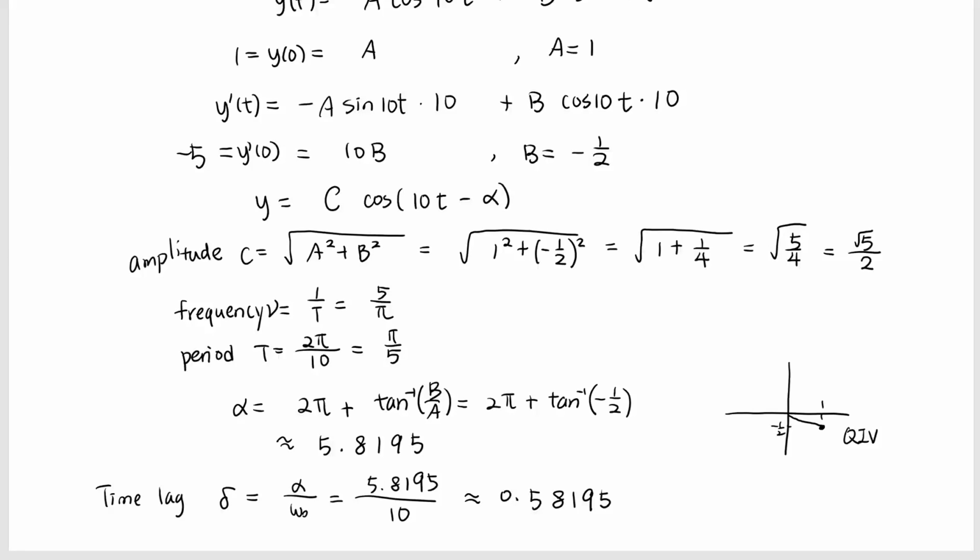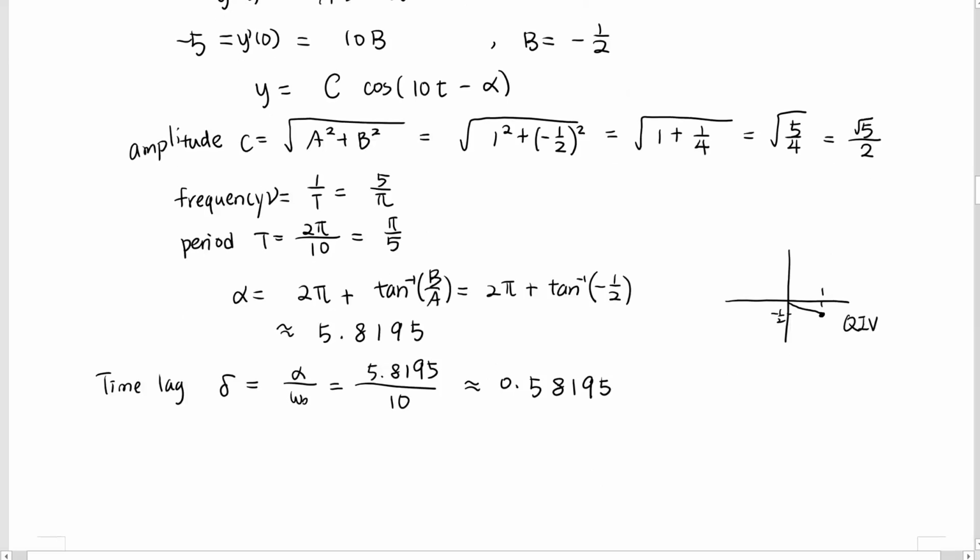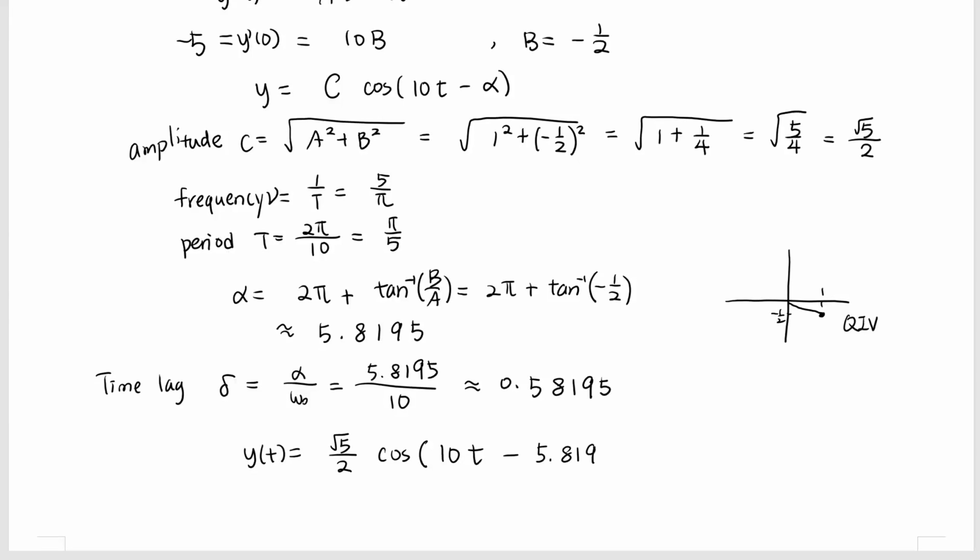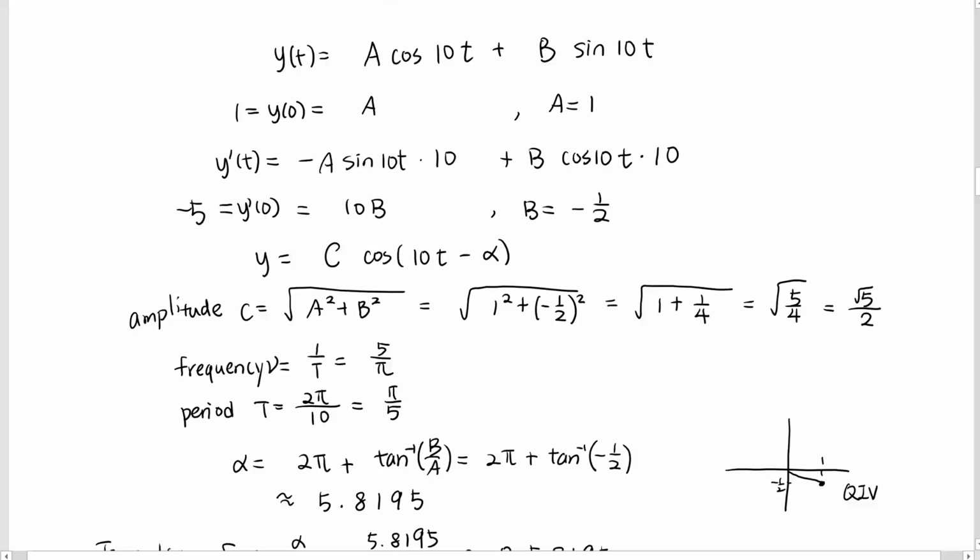So far, so good. So if I want to rewrite my solution, it is C, where C is square root of 5 over 2, cosine 10t minus alpha. Alpha is 5.8195. So far, so good, everybody? Okay, so this is the first example.